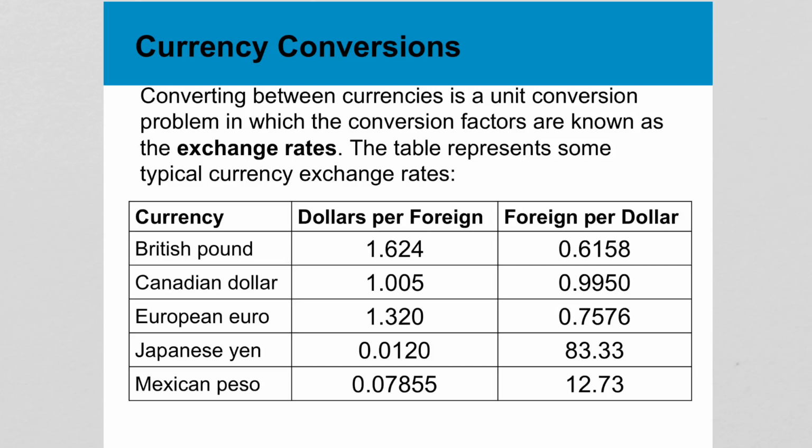Currency conversions. Converting between currencies is a unit conversion problem in which the conversion factors are known as the exchange rates. So we know that if we have $1 in the United States, that doesn't mean the same thing as, say, a peso in Mexico, yen in Japan, or even a Canadian dollar.